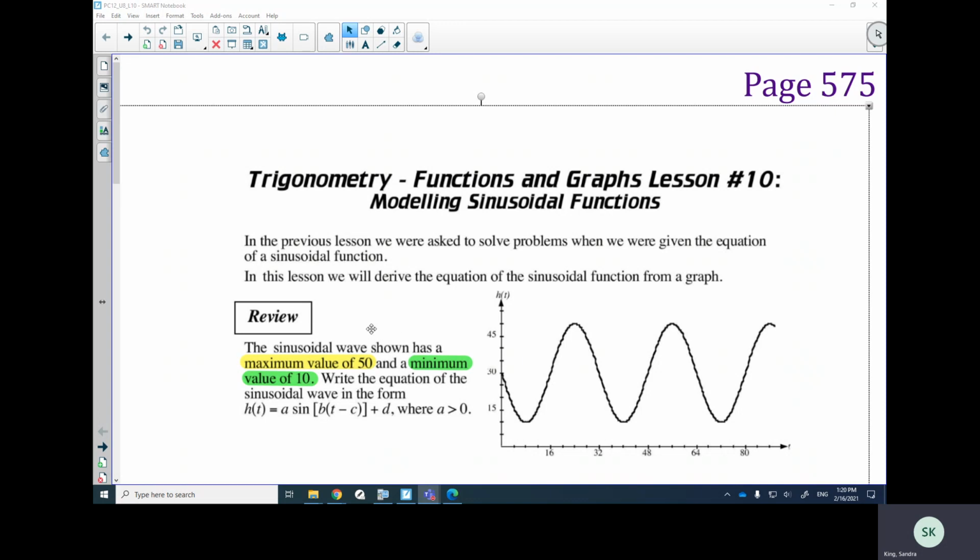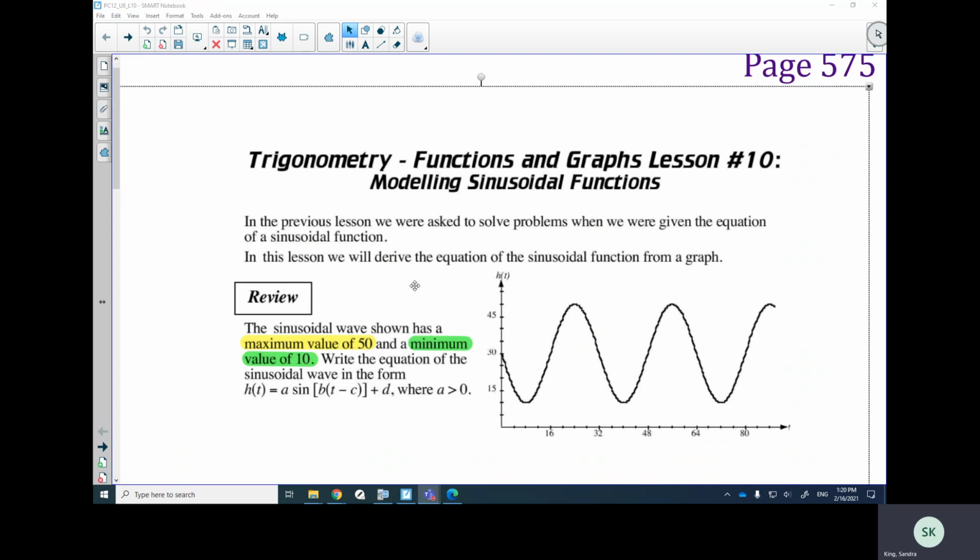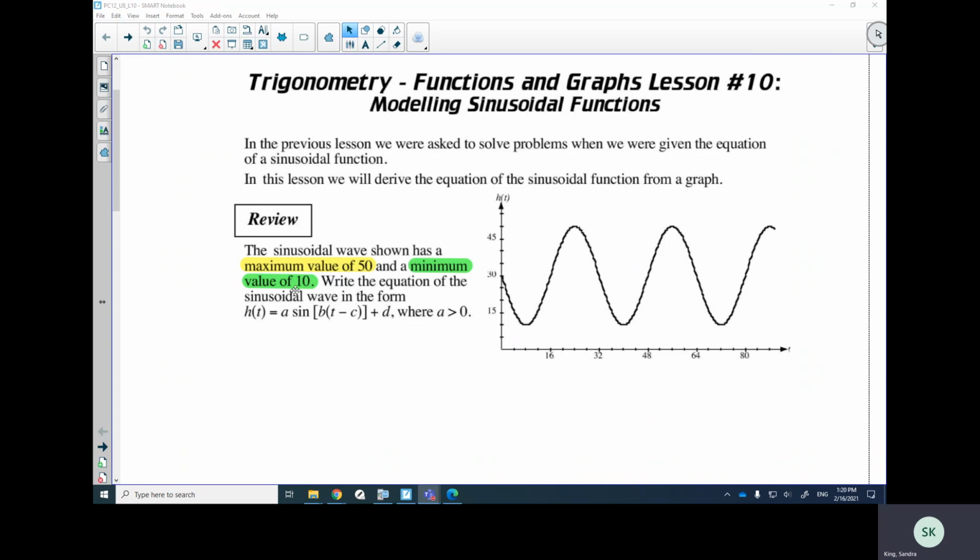Let's look at this first example in the review. It says the sinusoidal wave shows a maximum value of 50. So let's put that in. The max of this graph is at 50. And it says the minimum value of this graph is at 10.